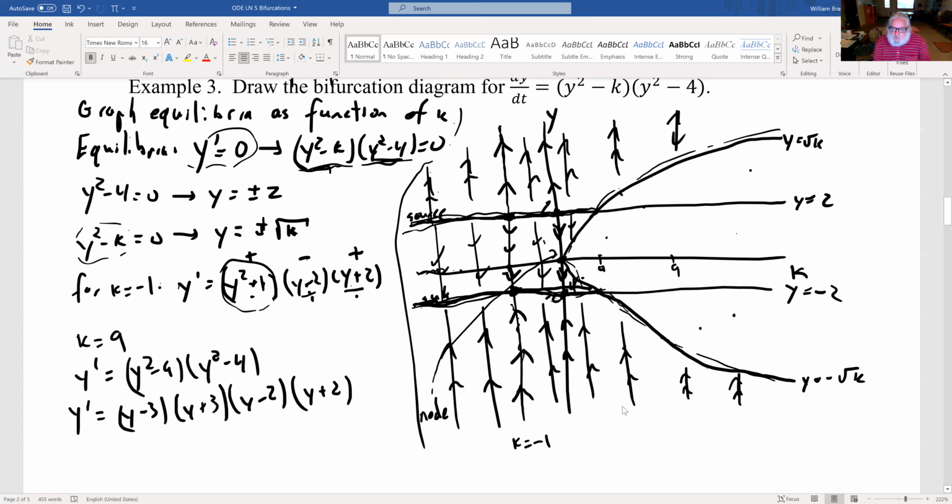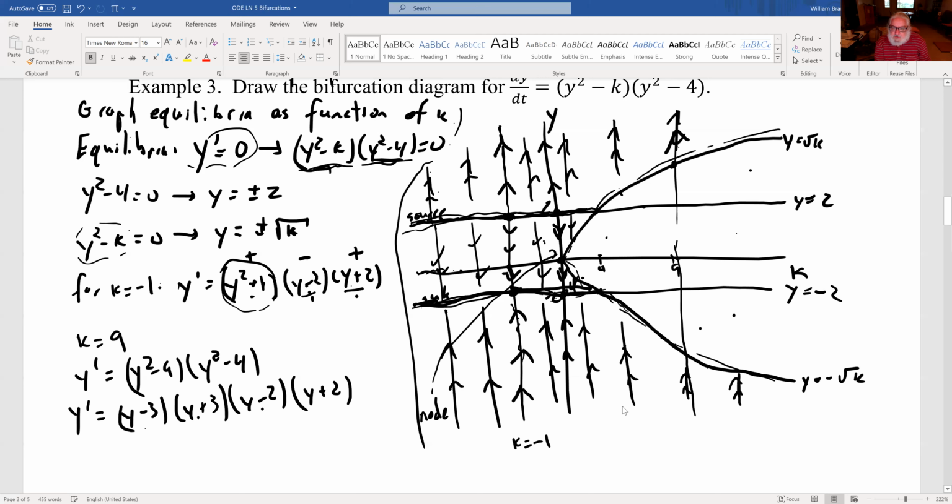So we know at k equals 9 we're going to have a phase line. Then if y is bigger than 3, because that's the square root of 9, one equilibrium at y equals 3, if y is bigger than 3, then these are all positive, so we're going up.